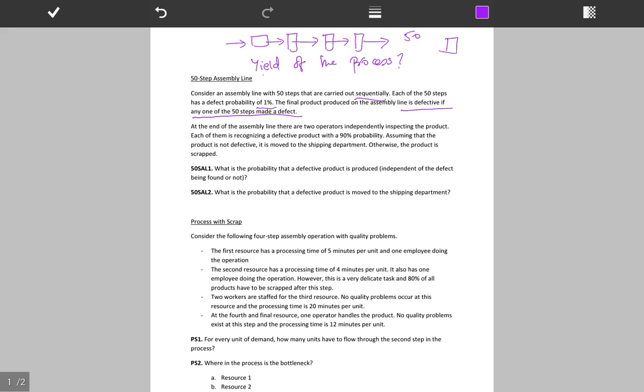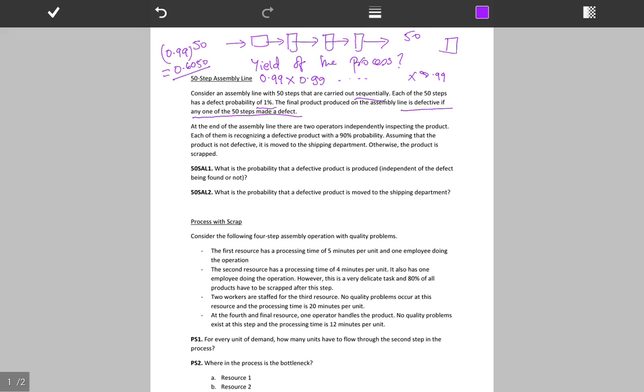So we know each step has a yield of 0.99, multiplied by 0.99 all the way 50 times, or that is the same as saying 0.99 to the power 50, which turns out to be 0.6050. That is the yield of the process.